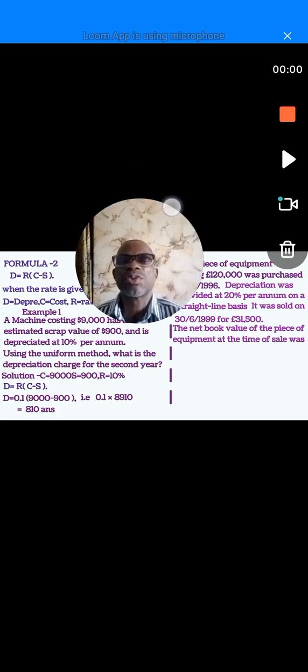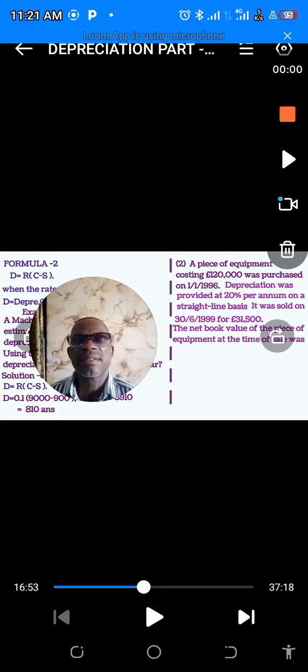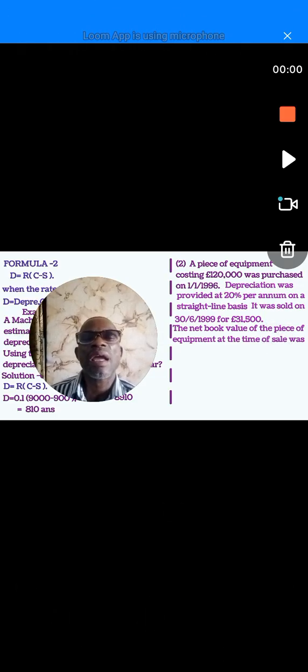It says a piece of equipment costing £120,000 was purchased on the 1st of January 1996. Depreciation was provided at 20% per annum on a straight line basis.